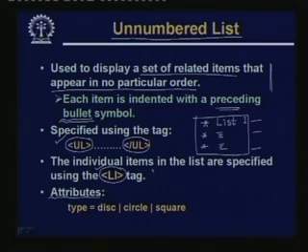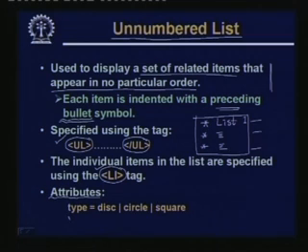We shall be explaining this with the help of some examples later, but let us first try to understand what this attribute actually means. The name of this attribute is type, and in case of unnumbered lists, this type can be disk, circle or square. Disk is the default. If you do not specify anything, disk will be the default style.